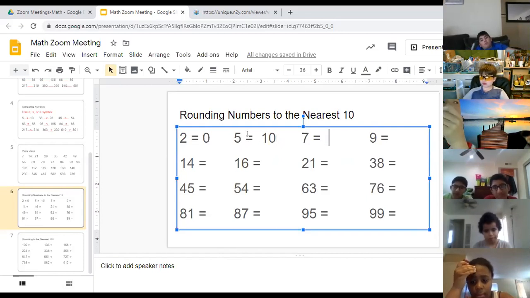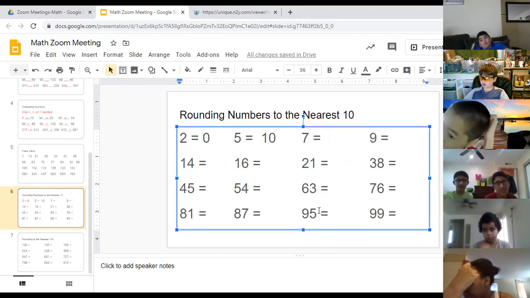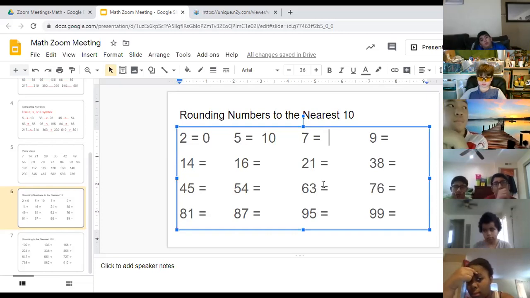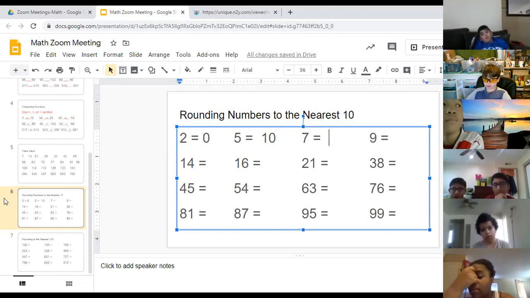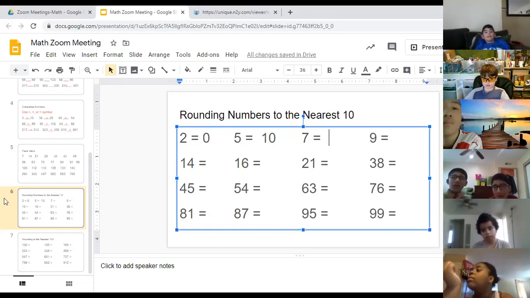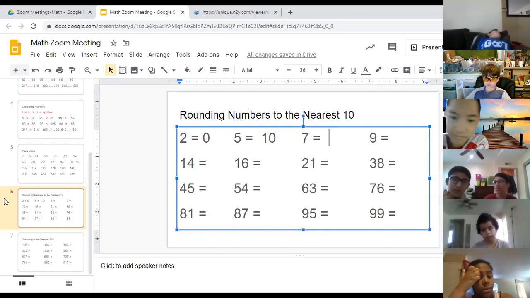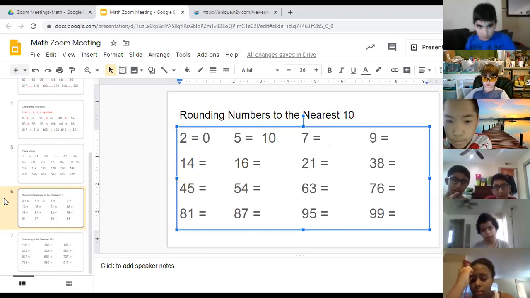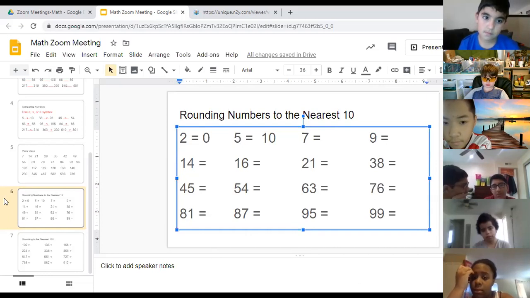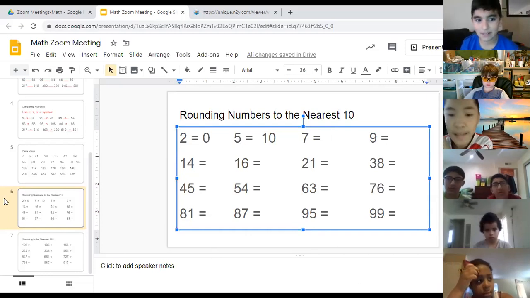How about 7? Elnathan, when we round 7 to the nearest 10, does it become 0 or 10? Okay, answer my question first. Is 7 closer to 0 or closer to 10?